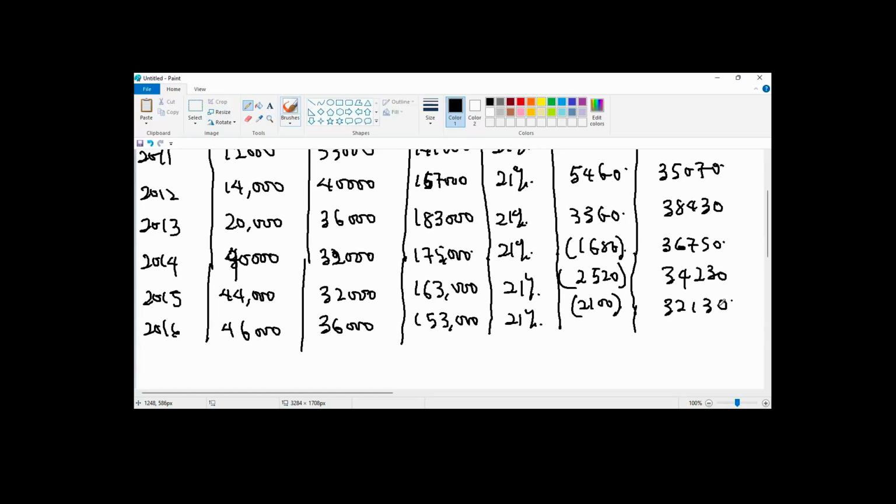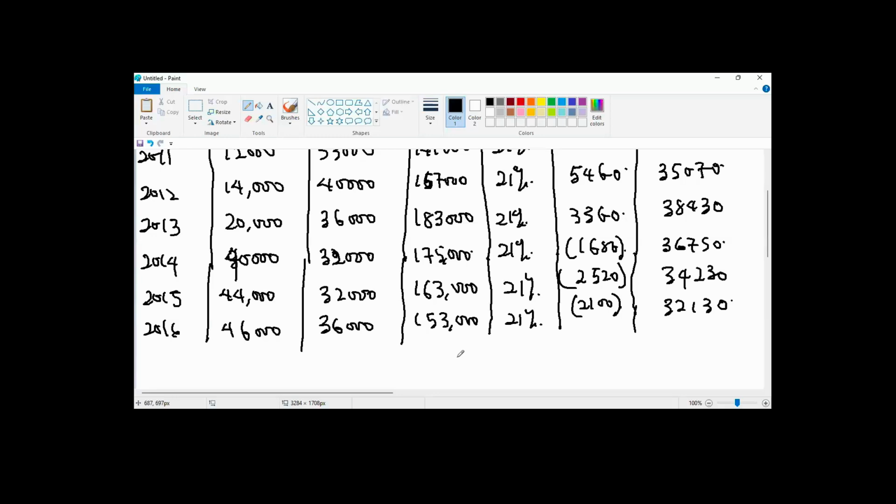Any question? A little light on the 175 under 2014.